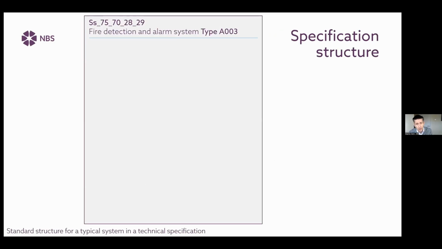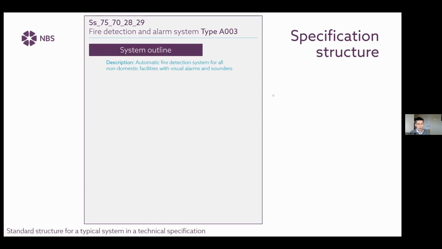At NBS, it's been our core business for 50 years. NBS stands for National Building Specification, back from 1973. But on that standard structure, classification is essential. If you've got more than one type of system, use a project unique code.